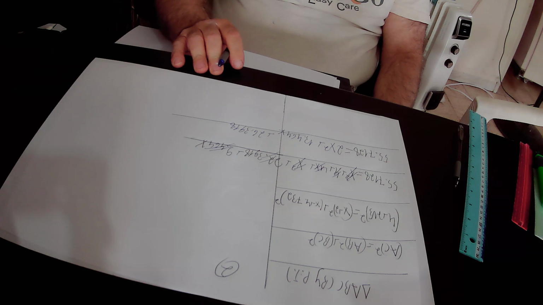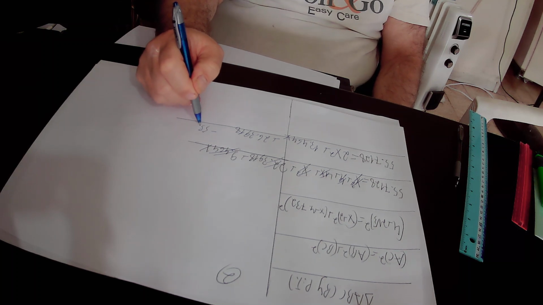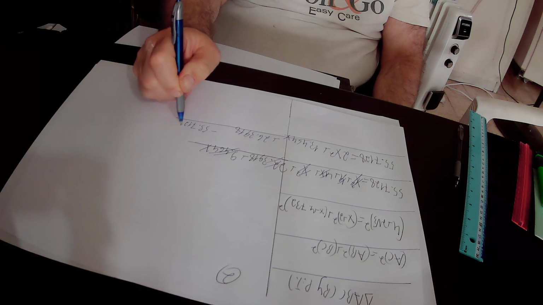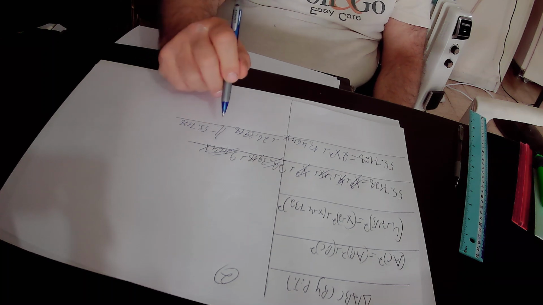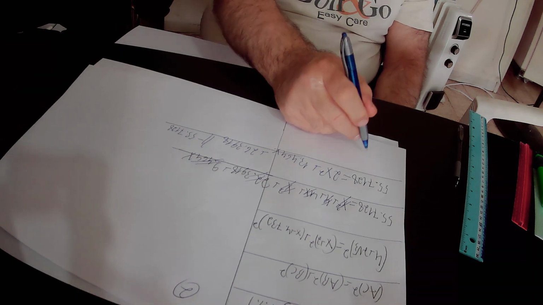Here we will subtract 55.7128 from this equation. So in this side of the equation we are left with nothing, 0.